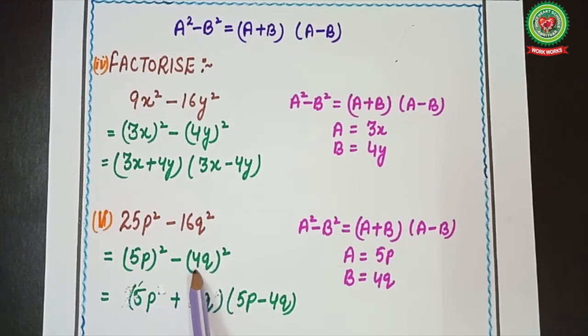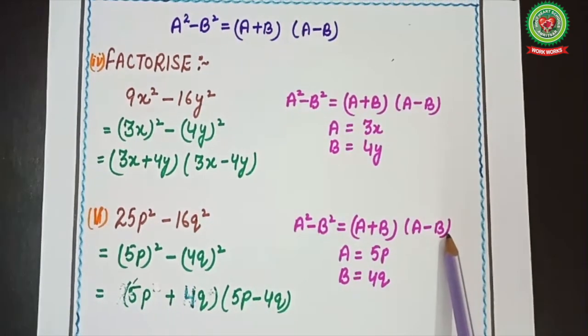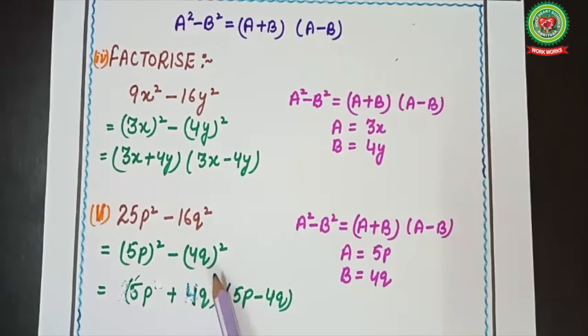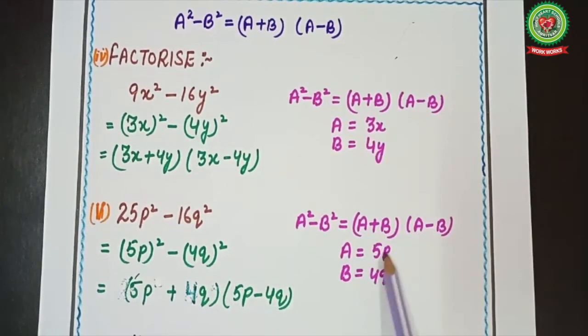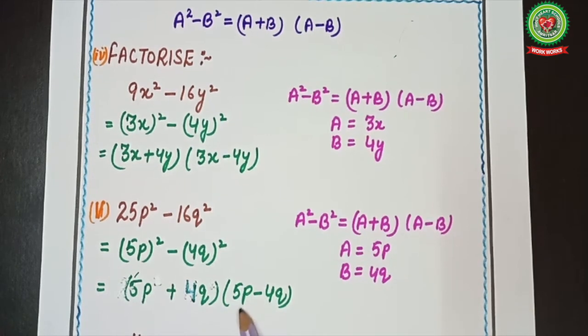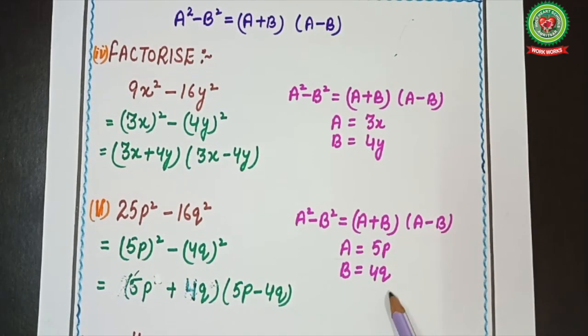So you will have (4q)², which is in the form of a² − b² = (a + b)(a − b), right? Now apply this formula over here, where the value of a is 5p and the value of b is 4q. Now you will have a + b, that is 5p + 4q, and a − b, which is 5p − 4q. Alright.